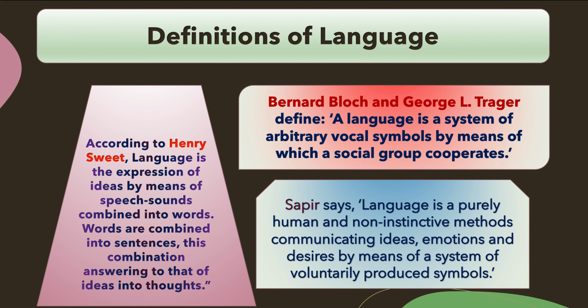It does not happen naturally. For language to happen and for language to be used and spoken, you have to be very careful. So it is a non-instinctive method of communicating ideas, and of course language helps us communicate our ideas, emotions and desires by means of a system of voluntarily produced symbols.